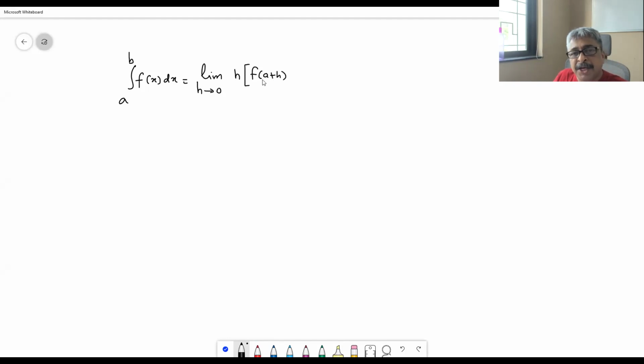If we are taking the rightmost point as our sample point, then the first point will be a plus h, f of a plus 2h, plus dot dot dot, plus the last point will be f of a plus nh.